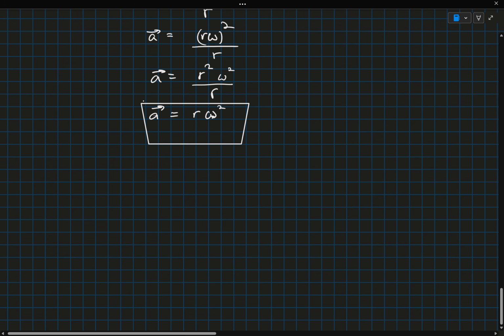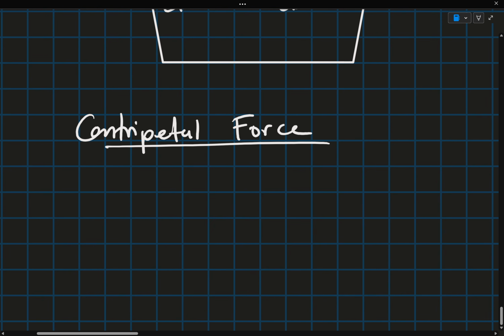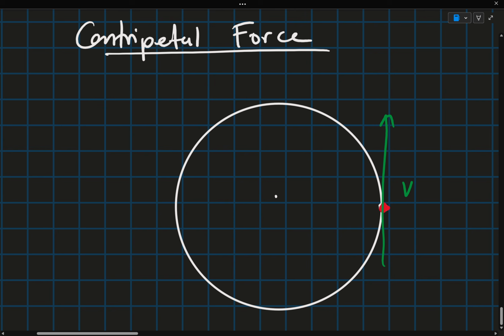As we stated earlier, the centripetal force speaks to the force that is applied towards the center of the circular path, right? So if an object is moving in a direction with linear velocity v, there will be a force acting towards the center.